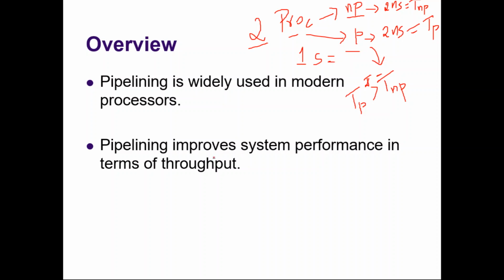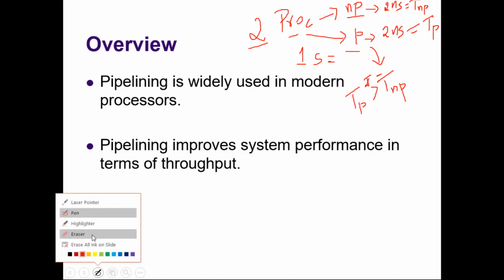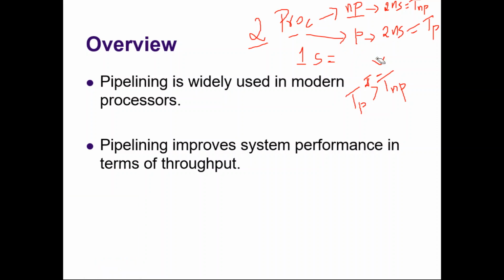I'm not doing any calculation, simply giving an example. If the processor with pipelining is capable of executing, say, 50 instructions in 1 second, then the other one would probably execute hardly 20 or 30 instructions per second. Or if this is able to execute 500 instructions per second, probably the other will be able to execute 200 instructions per second.